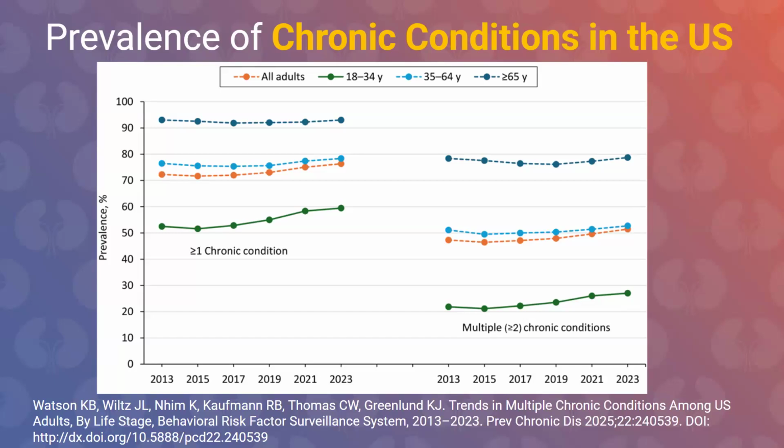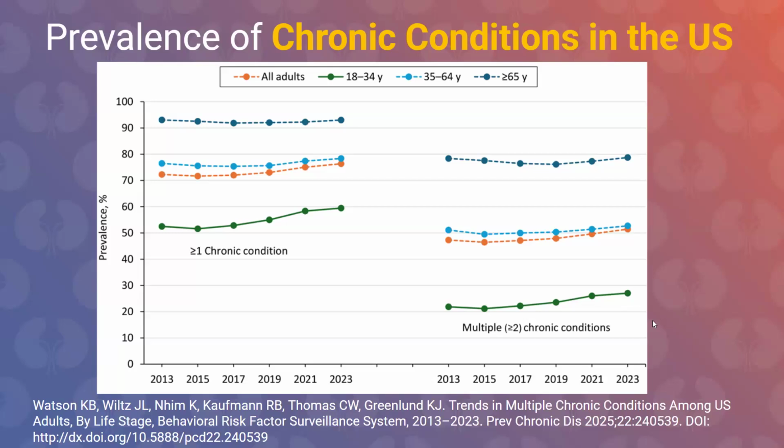If you look at two or more chronic conditions on the right here, the story is much the same. Stable above 75% of folks above the age of 65 have at least two chronic conditions. Just above half of individuals in the intermediate age group, 35 to 64, have at least two or more chronic conditions.